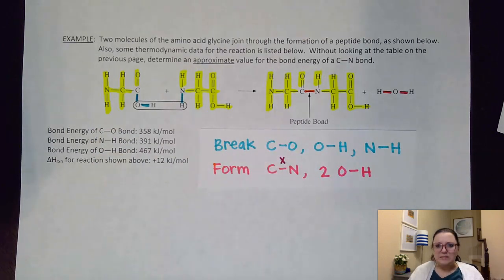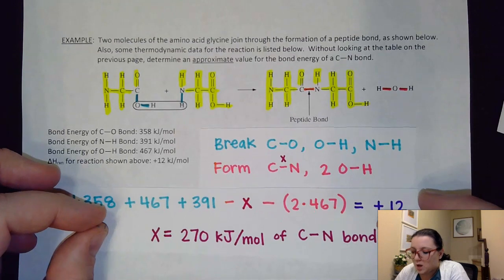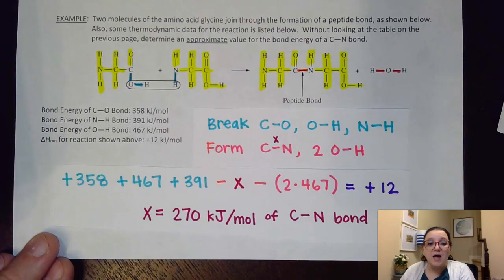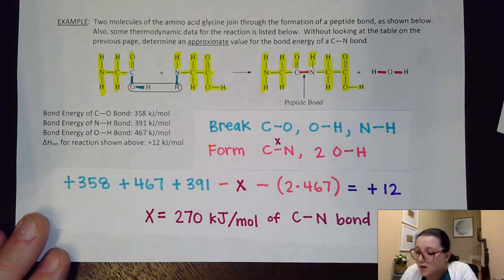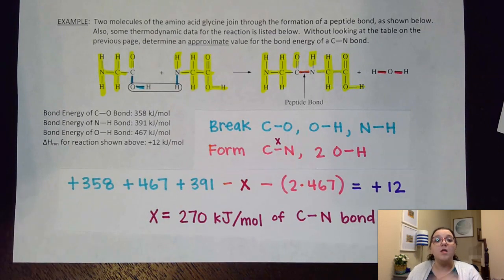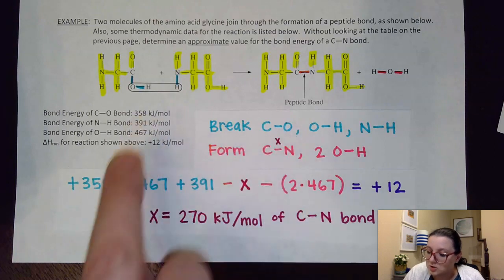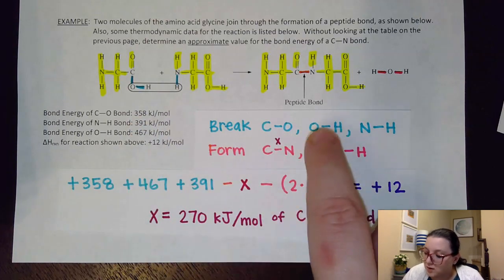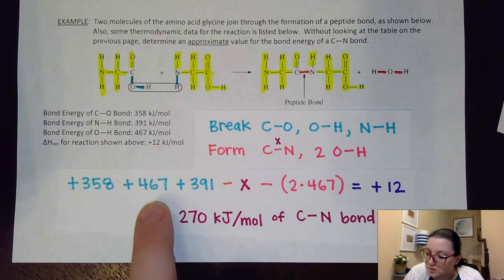And so then I would set up an equation just like we did on those other problems. All the bonds that I break would have a positive value for the energy of breaking that bond. So to break carbon to oxygen was 358. To break the oxygen to hydrogen was 467.